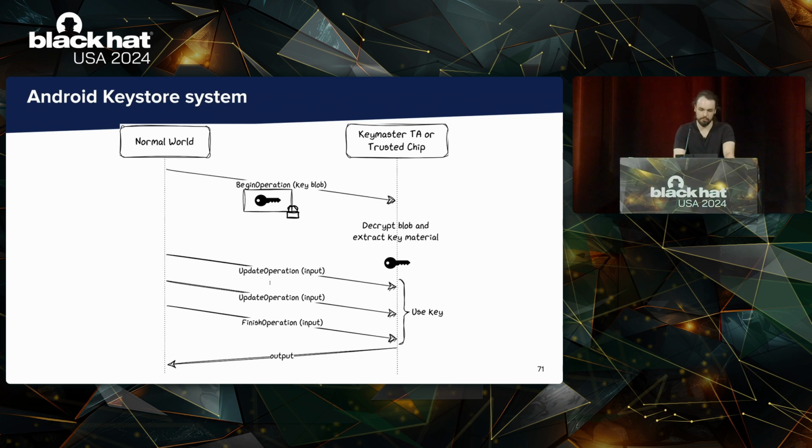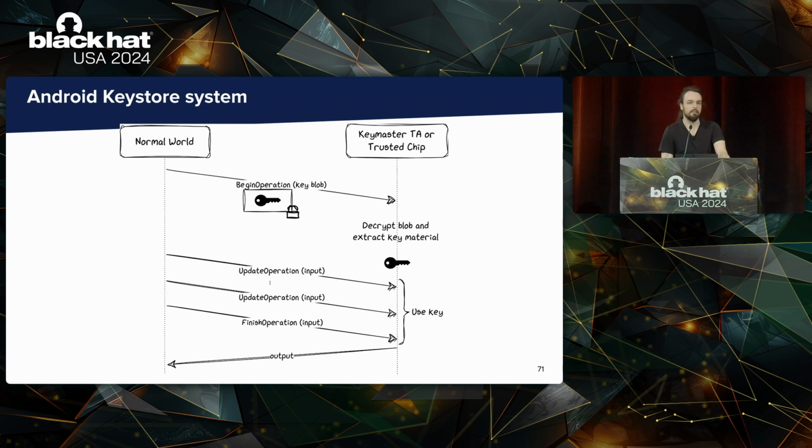So those are the different steps that are performed under the hood. First, from the normal world, we send a begin operation request, including our key blob. Then, in the secure world, the keymaster trusted application is in charge. It will be able to decrypt this key blob and extract the raw key into secure memory. And then we are able to send several update operations.